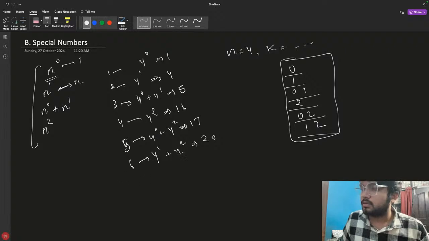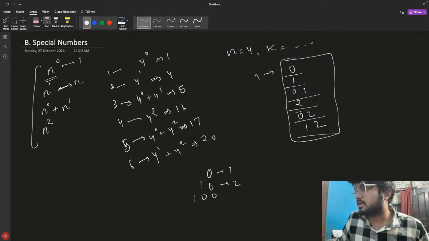Like 1 can be written as this, 0, this is 1. 0 1, this is 2. Then we have the second bit set.